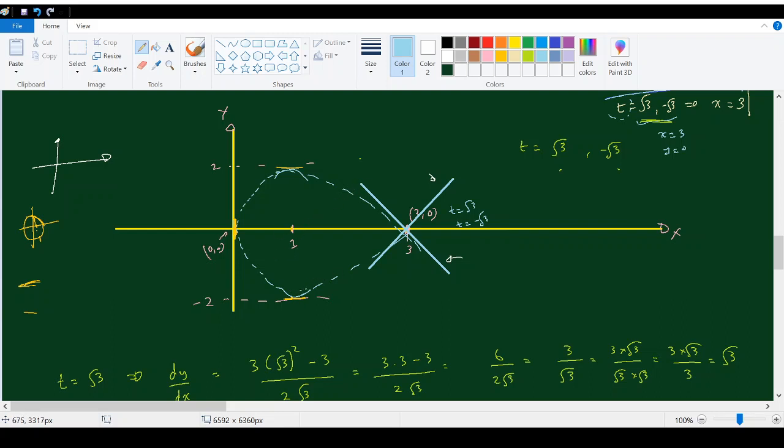Now there is some more fine tuning that you can do, because at the moment what we know is we will have a curve like this in here, a curve like this in here, and a curve of this nature at the 0, 0 origin, right? But how about completing the rest?